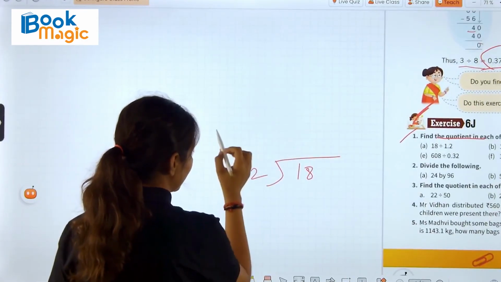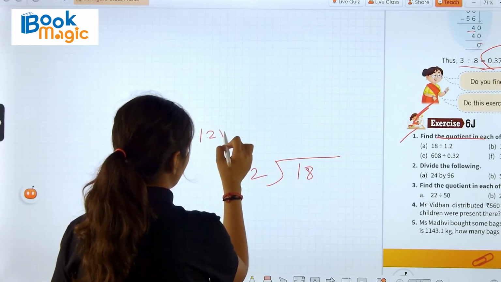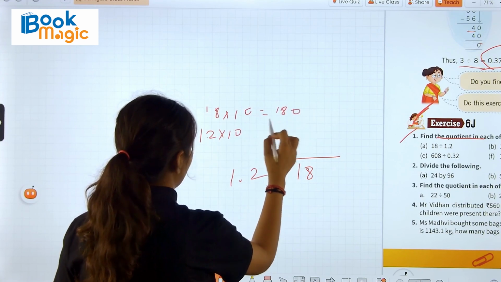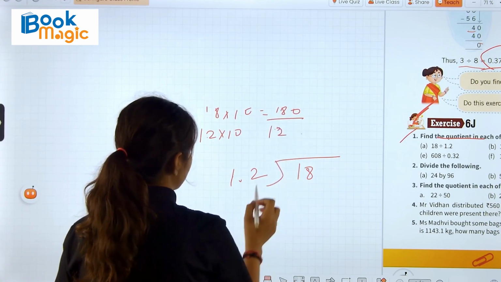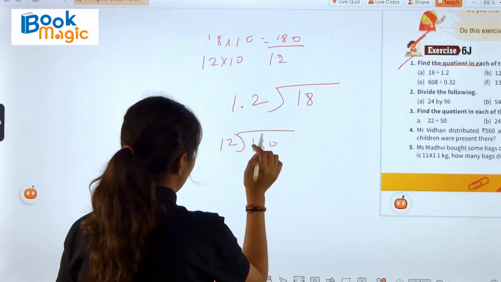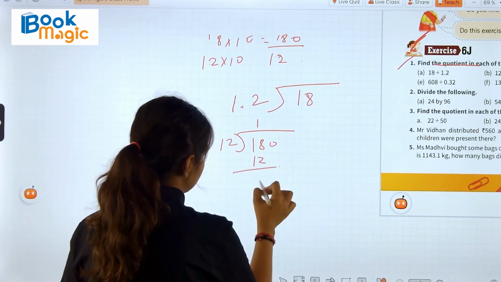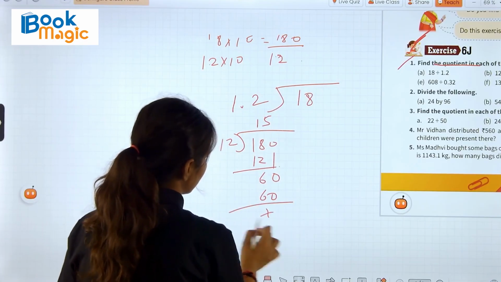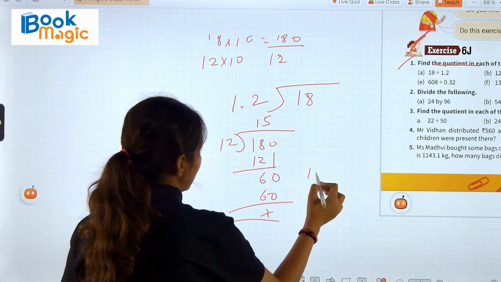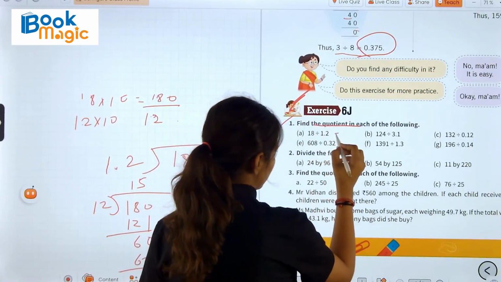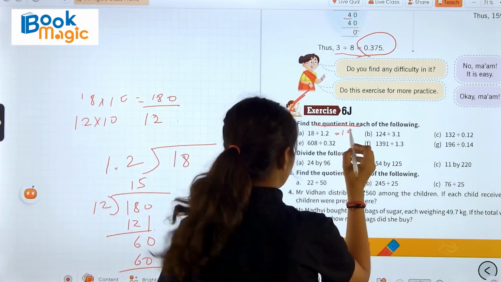So, to make it, we are multiplying 1.2 with 10 and 18 as well with 10. So, it will be 180 and 12. So 12 divided into 180. So it will be 12 ones are 12. Now 60, 12 fives are 60. So the answer is 15. When we are dividing 18 by 1.2, we are getting the result 15.